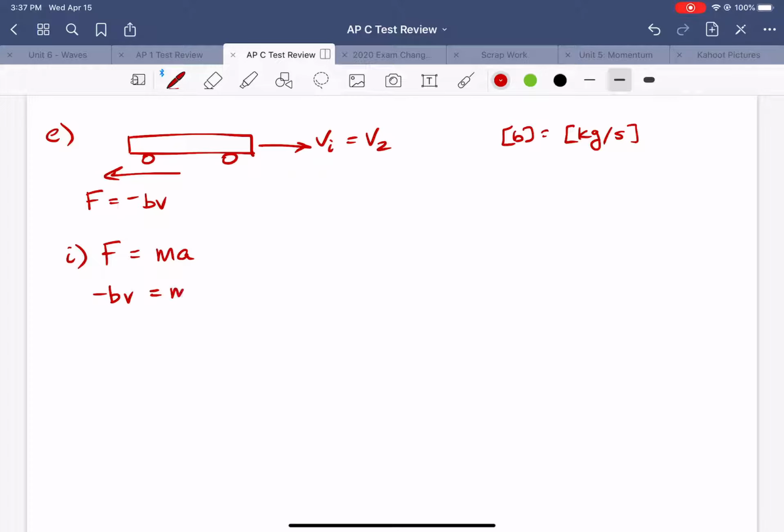That equals mass times acceleration. So the way we turn this into a differential equation is we simply write for the acceleration dv dt. So acceleration is the derivative of velocity with respect to time. So this is a differential equation because I have some function v in this equation and its derivative.